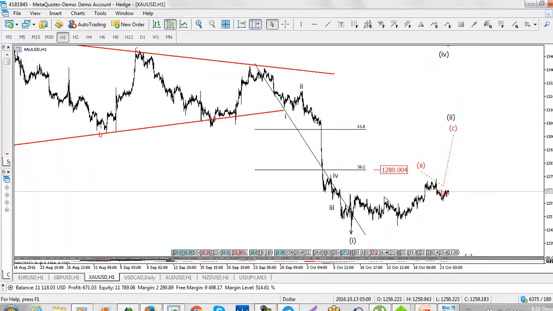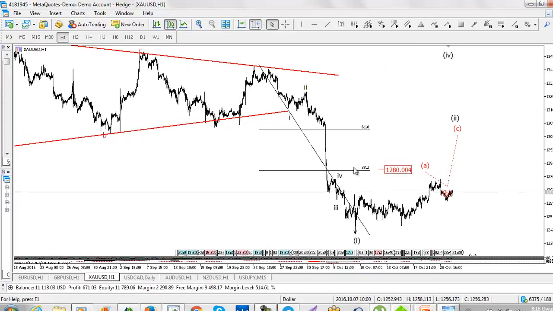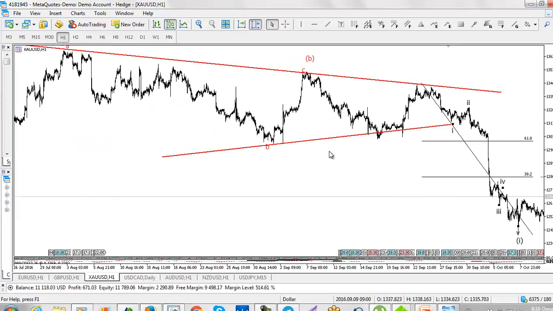Okay, gold is actually still hovering around. We may see more move, but right now I may have to go with the second scenario.